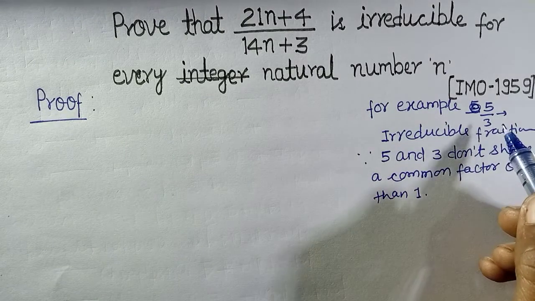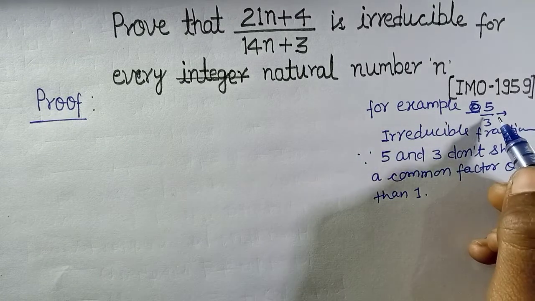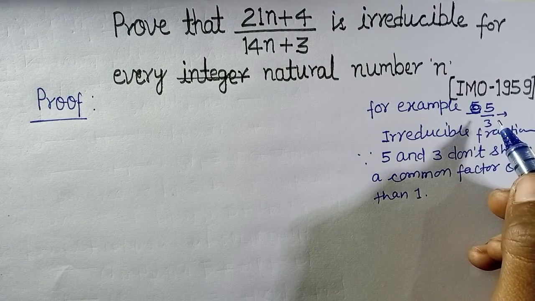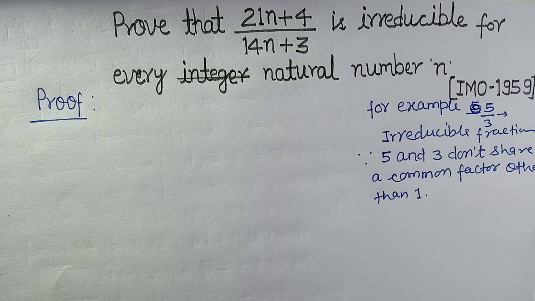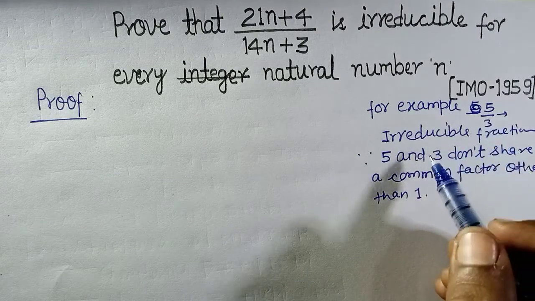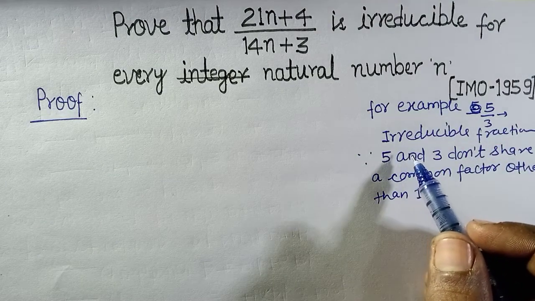So 5 and 3 share only the common factor 1. That's why 5 over 3 is an irreducible fraction.